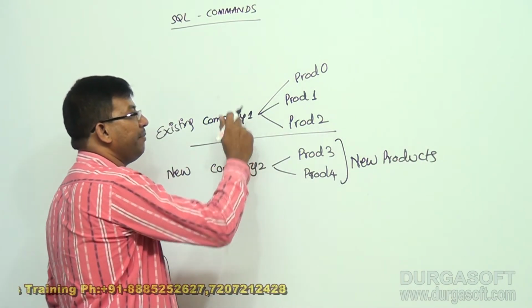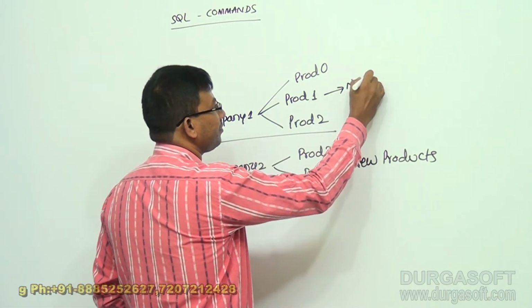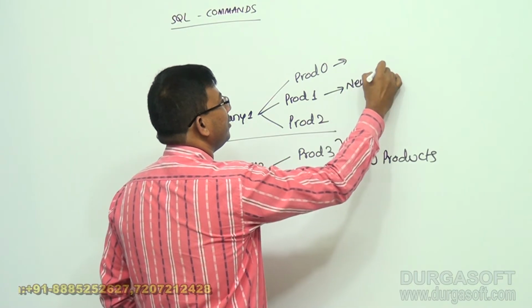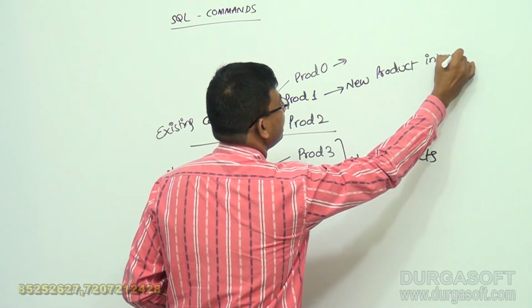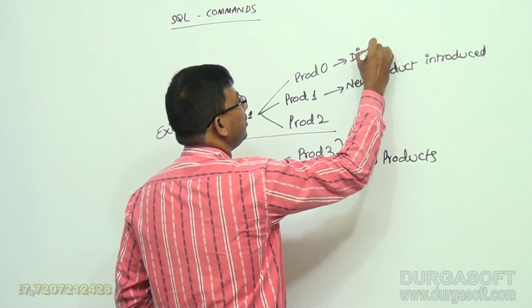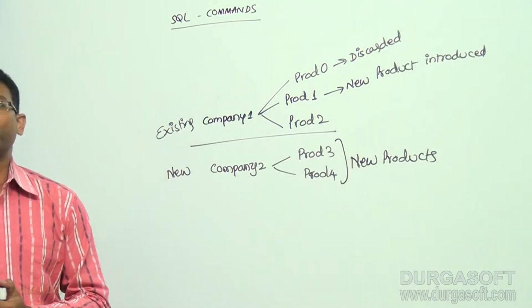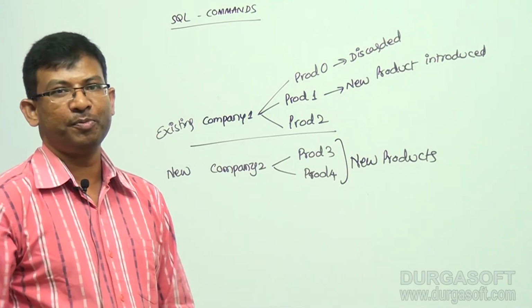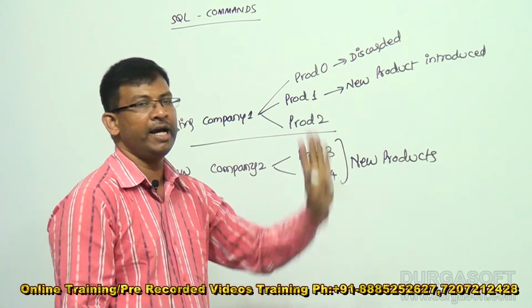Even though the company name is existing, they might have produced a new product, a new product introduced in this month, and this product is discarded or withdrawn. They stopped manufacturing one of the products, they added a new product, and one product they are continuing.